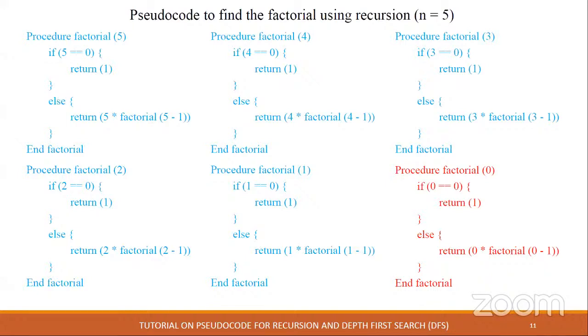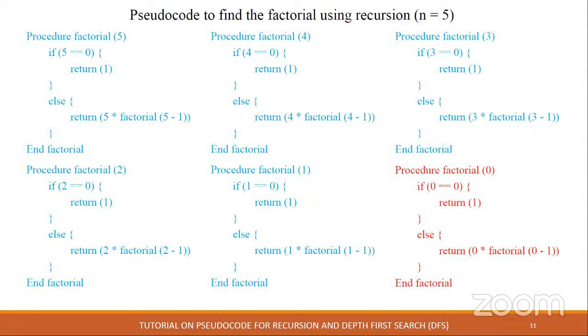It's not defined. So if someone asks, we can say that recursion will go up to infinity, or that the compiler or interpreter will return an error. No, there will not be an error. Purely based on the given pseudocode, of course, it will go into an infinite state, which is not ideal.